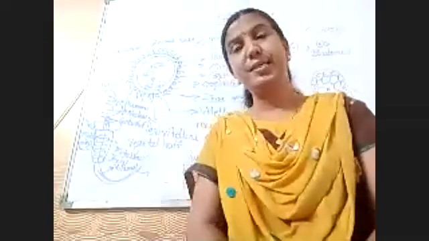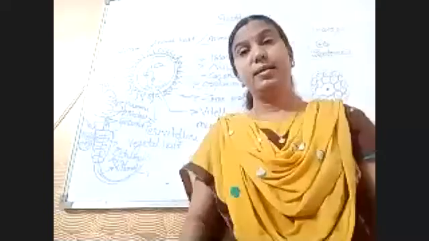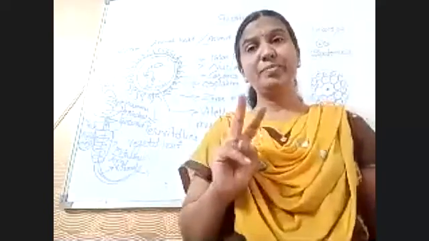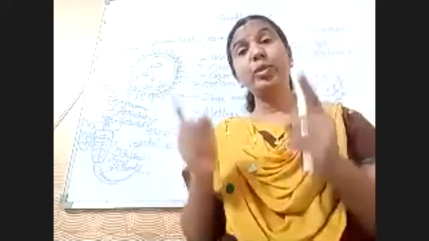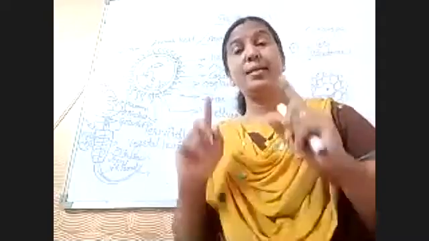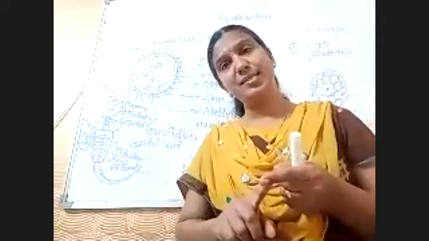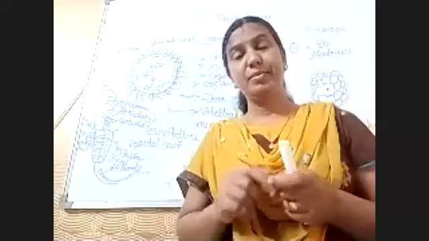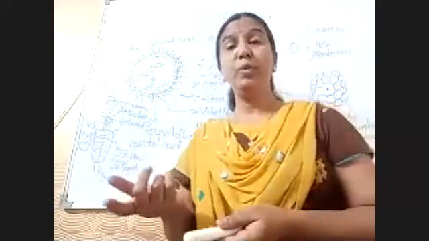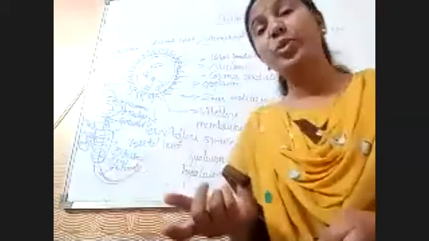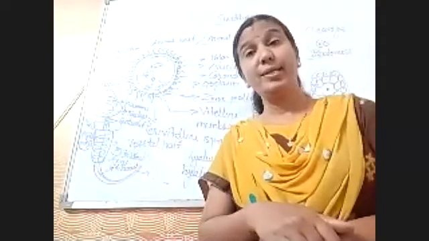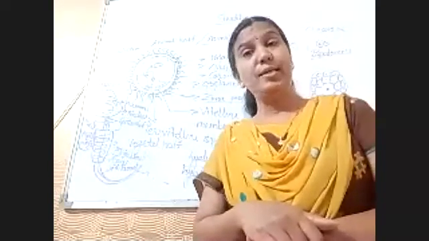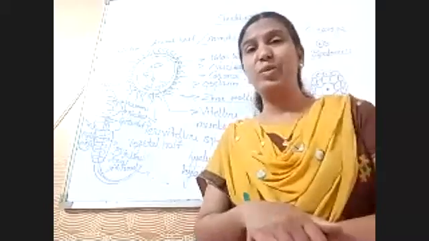But there may be some exception. If at a time 2 ovums are produced in 2 ovaries, both will get fertilized. And if both get fertilized, there may be a possibility of twins. So these twins will not be identical. Their placenta will be different.